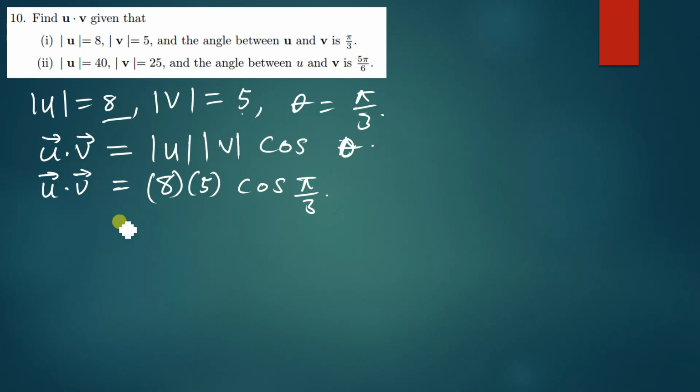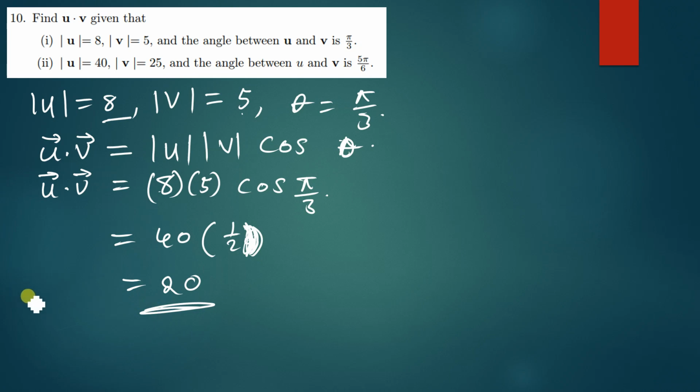So 5 times 8 gives us 40, and cos 60 is 1 over 2. When you multiply 1 over 2 and 40, you are going to get 20. So this is the value of our u dot v. Cos 60 is 1 over 2, and cos 30 is root 3 over 2.